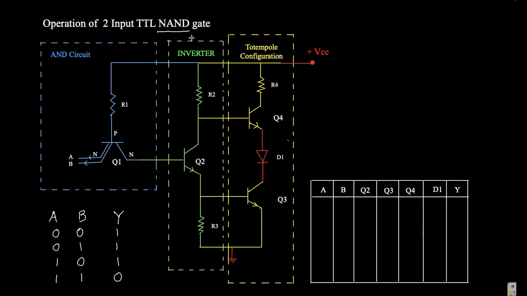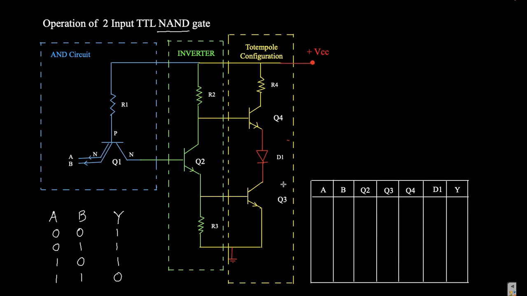NAND means NOT AND, so an AND gate is needed: if we give the inputs to an AND gate and invert the output, it becomes NAND, that is NOT plus AND. So the AND circuit and the inverter circuit are connected together.